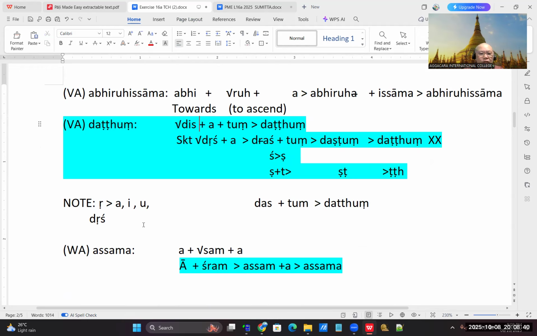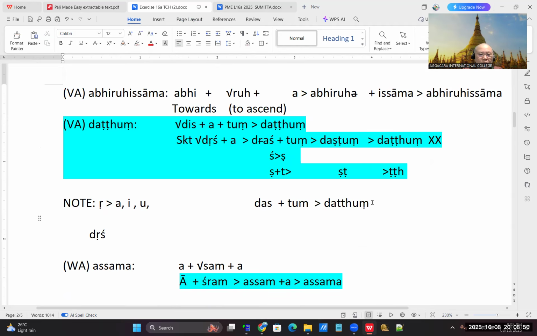Why do you get datum here? From the Sanskrit, the root is dris. So either you change it to A or I or U, as far as I can remember. Another way is maybe AR also possible, or IR. But I think here we can change it to AR. So if you put DAR, then the das, and then plus the tum, it makes sense why you get datum.